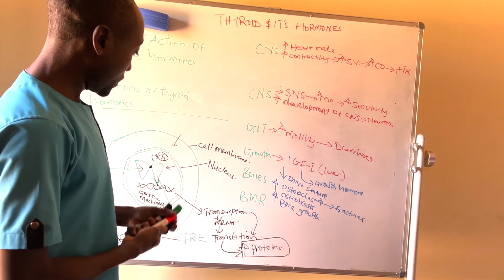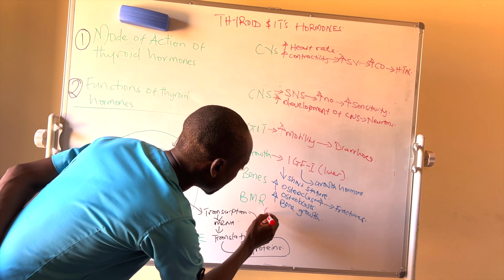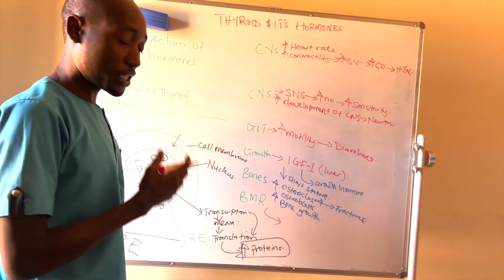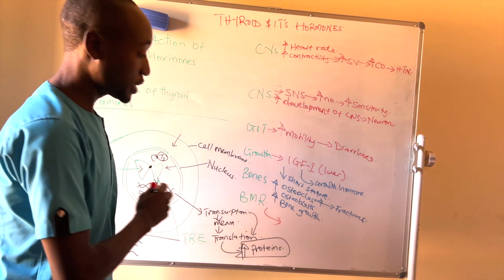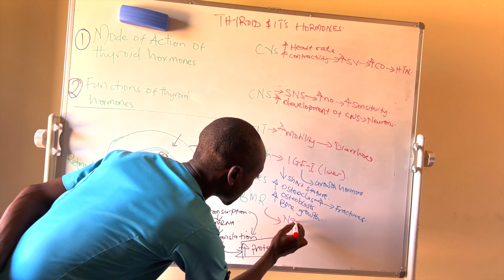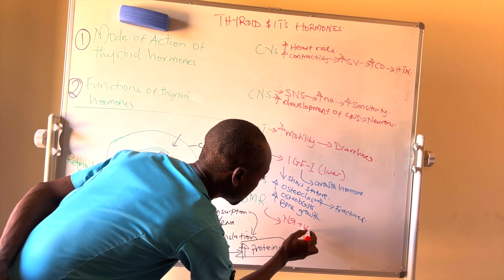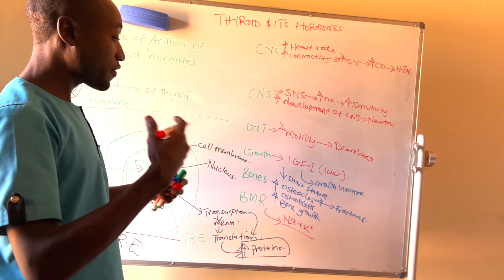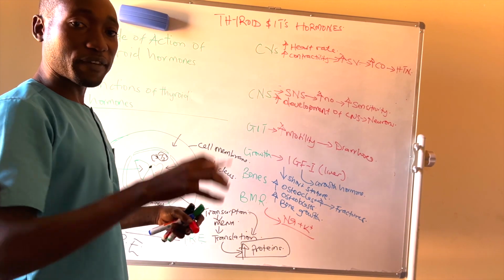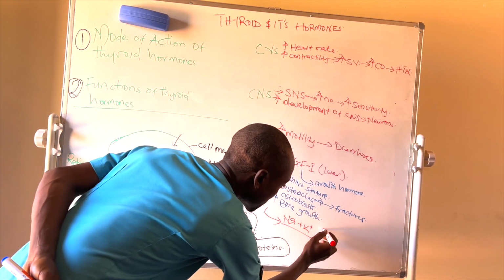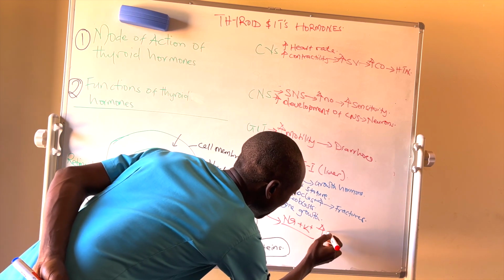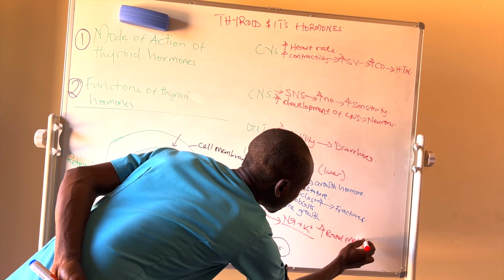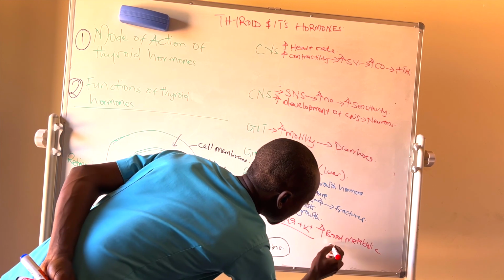Then lastly, like I've already said, one of the most important proteins manufactured under the influence of these hormones is what we have referred to as the sodium potassium channels or transporters. When these are manufactured and expressed in the different cells, they increase the basal metabolic rate.